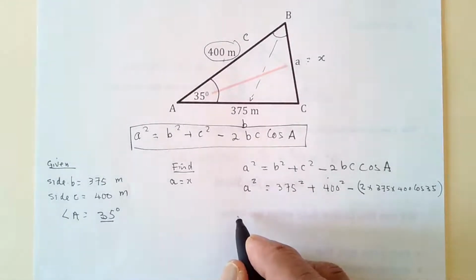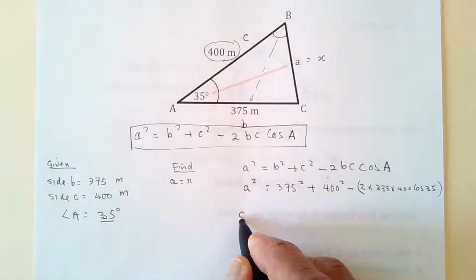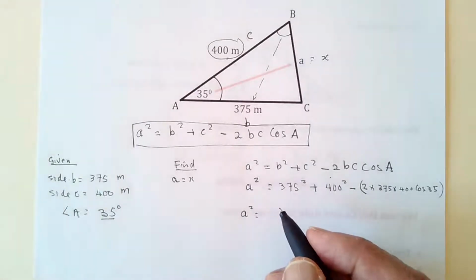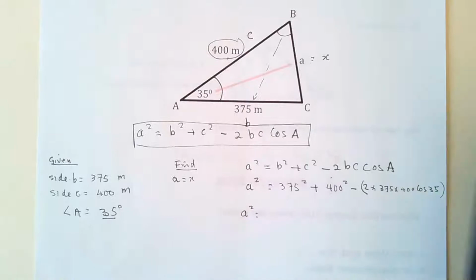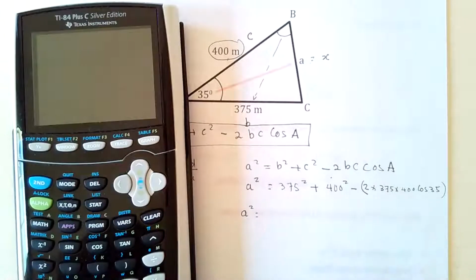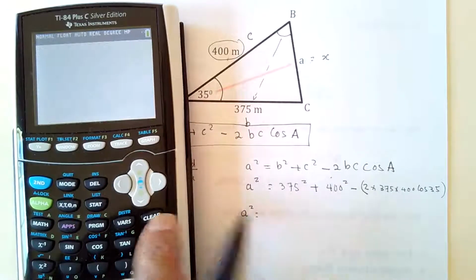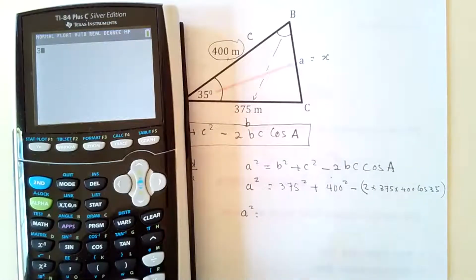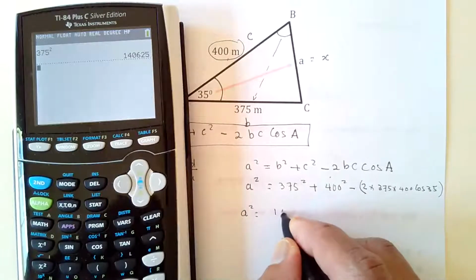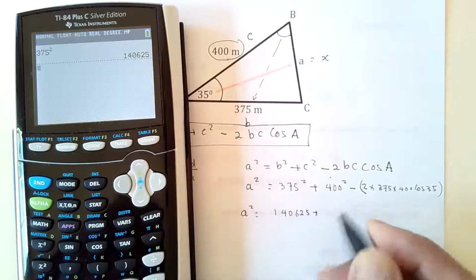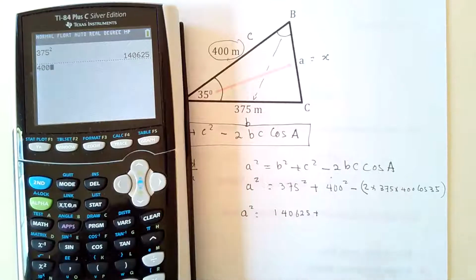Now I go to my calculator. We have 375 squared, which is 140,625, plus 400 squared.